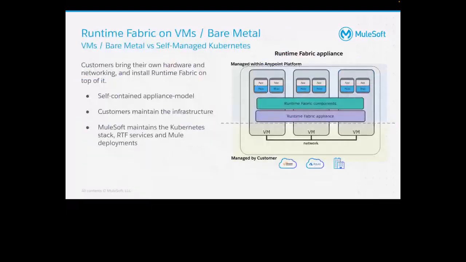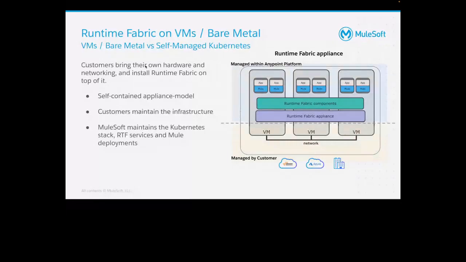Yeah. So now let's try to understand the two different flavors that we're talking of. One is the VM bare metal one, and the other one is self-managed Kubernetes. In case of the VM bare metal, what happens is customers bring in their own hardware, network, and install Runtime Fabric on top of that.